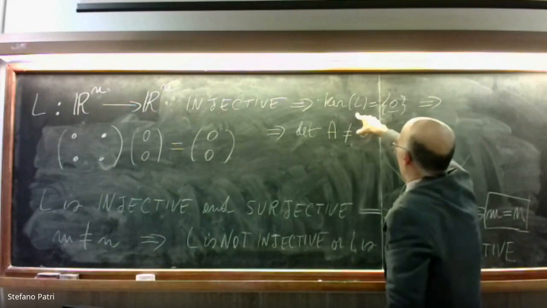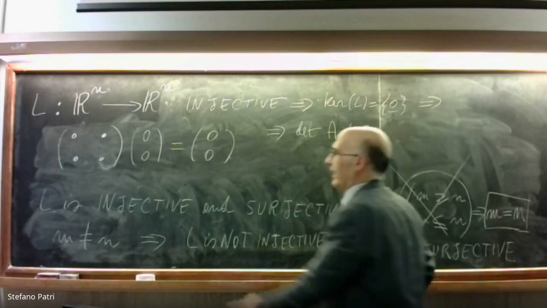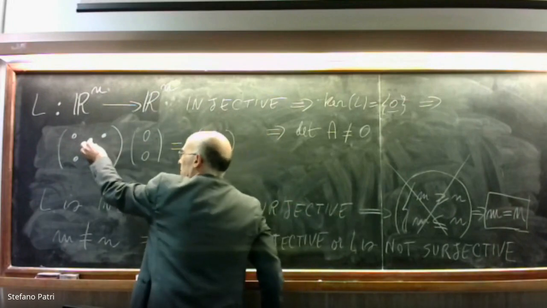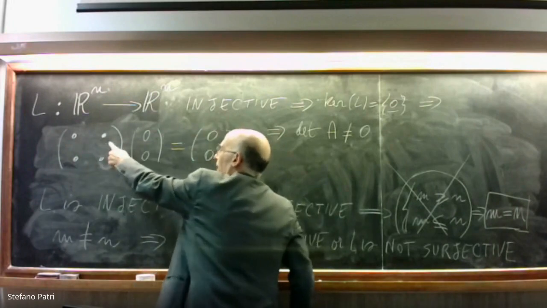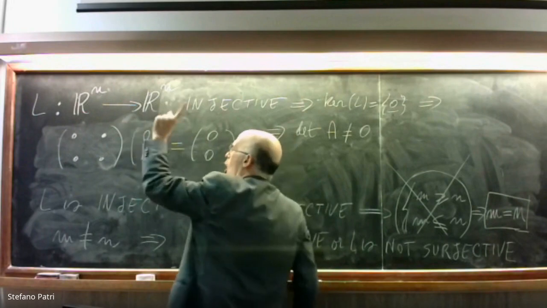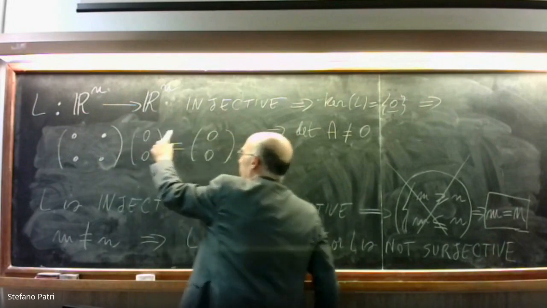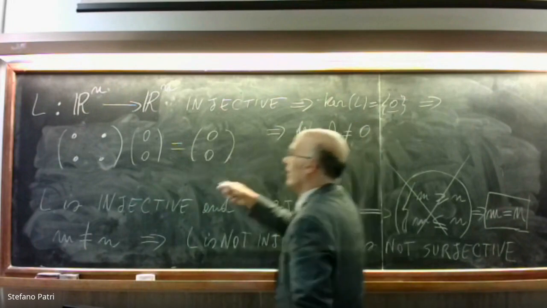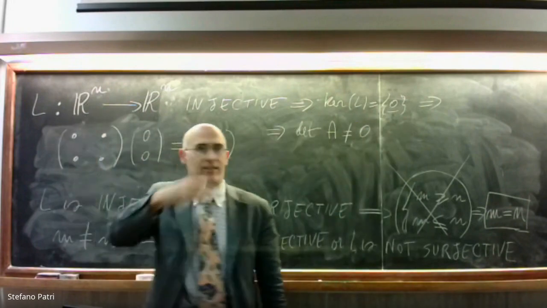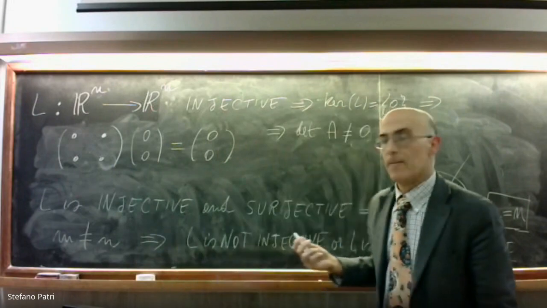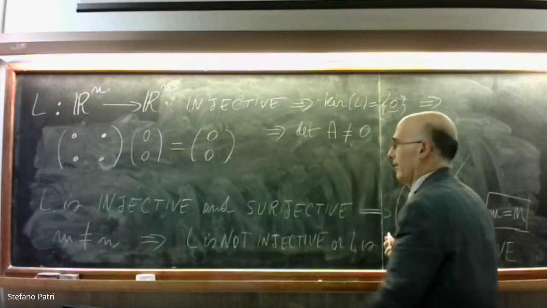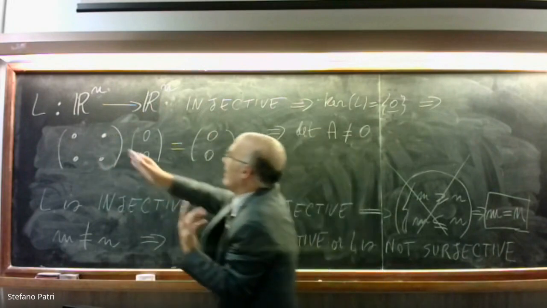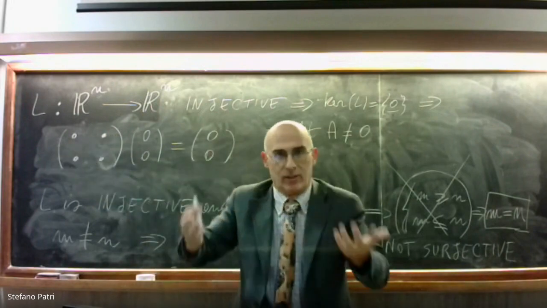If the transformation transforms only the zero vector into the zero vector, this means that the determinant is not equal to 0.